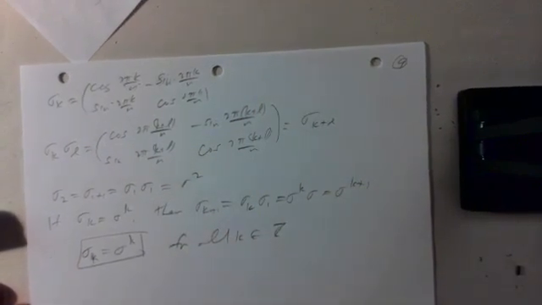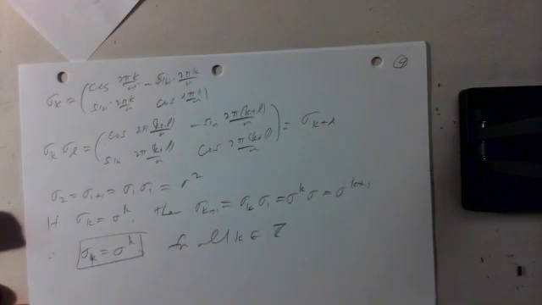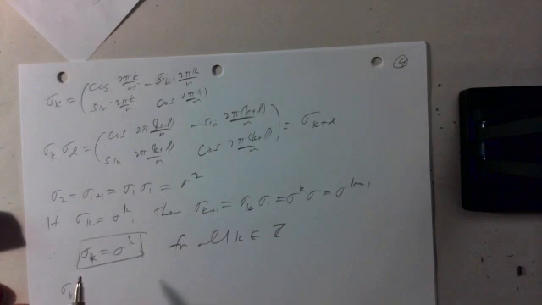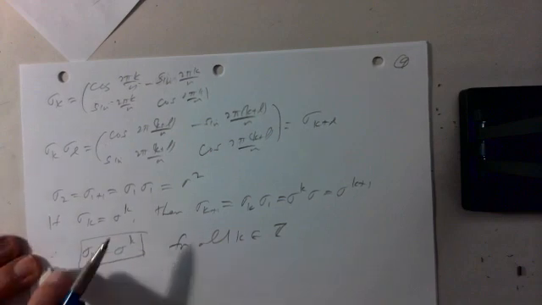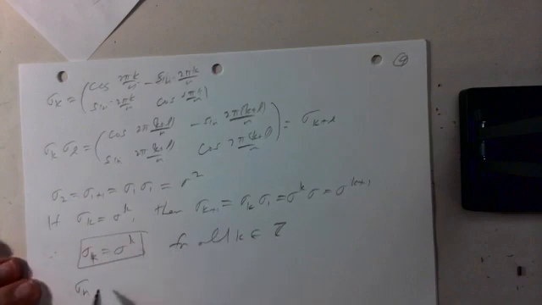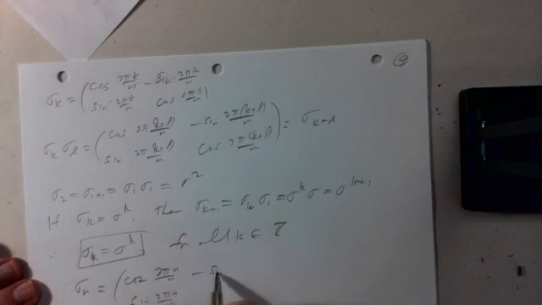And we can also say, what is sigma n? Sigma n is cosine 2 pi n over n, sine 2 pi n over n, minus sine 2 pi n over n, cosine 2 pi n over n.